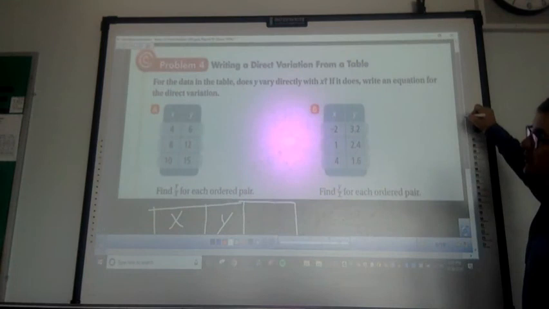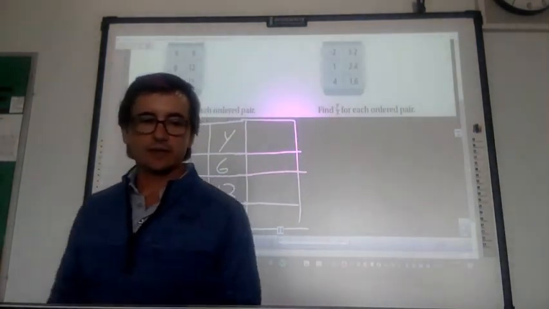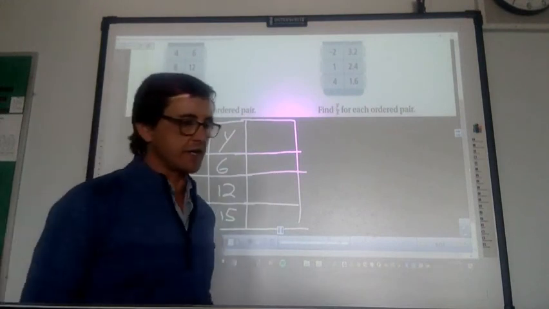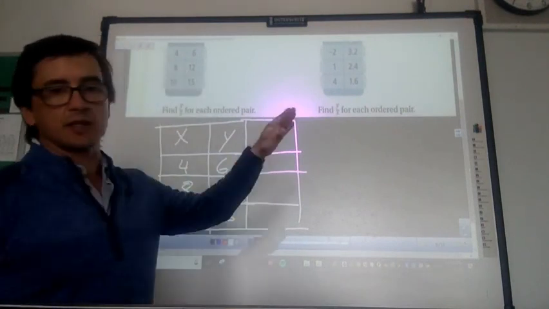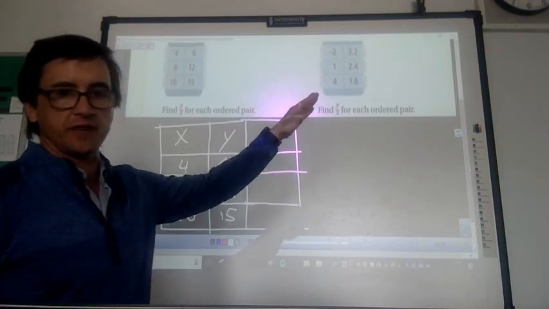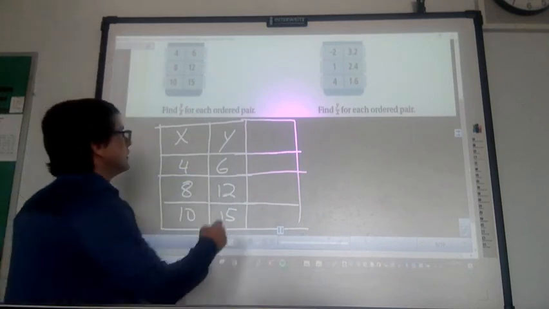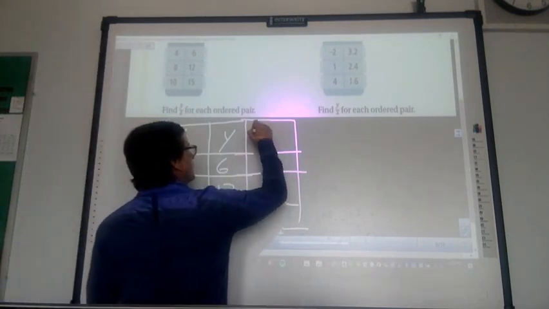So we want to determine if the table is a direct variation, all right? To determine if it's a direct variation, it means that the slope of the line has to be constant, whether it's positive, like my arm shows, or negative, like my arm shows.